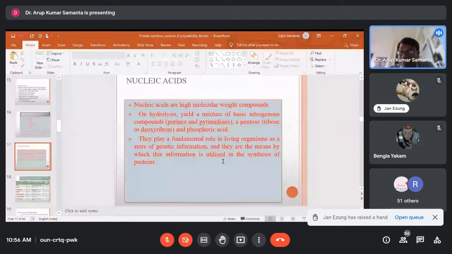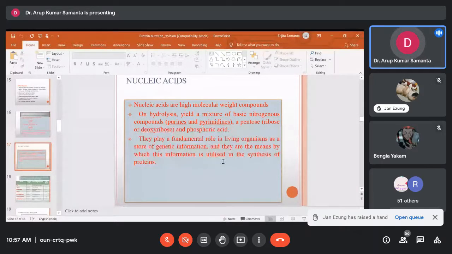And one important aspect is what is the crude protein content in urea? Urea contains almost 46% nitrogen, 46.1 or 46.2. So if you have to convert this nitrogen to crude protein, as we have done in the practical also, it is to be multiplied by 6.25. So now you see urea does contain 46% nitrogen.